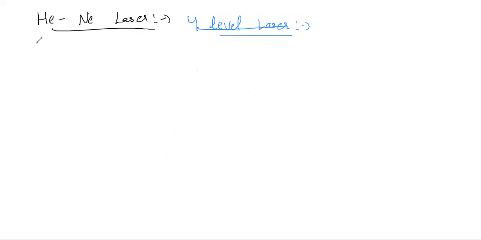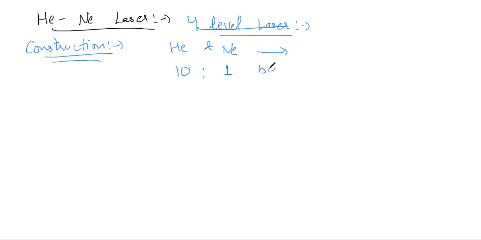If you talk about the construction of this helium neon laser, in this case, you use a mixture of helium and neon in ratio 10:1 by pressure. Gas hai. So in the tube, and let me draw first the tube here.